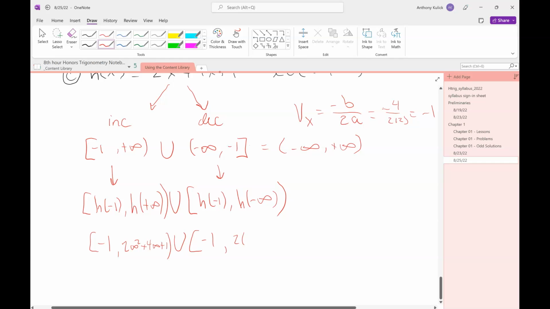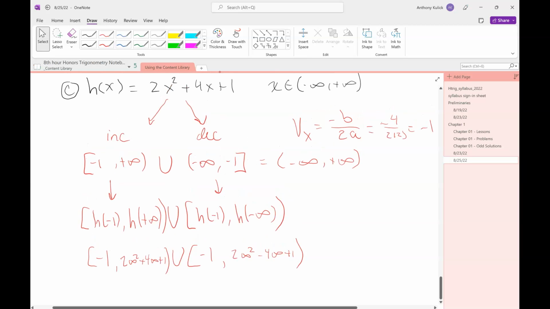Or, plugging in negative infinity, I get 2 infinity squared minus 4 infinity plus 1. Everybody's okay with that, by just plugging the infinity in, or negative infinity in, respectively?